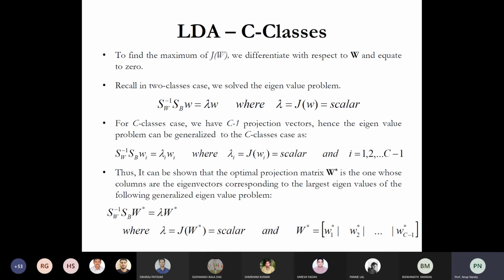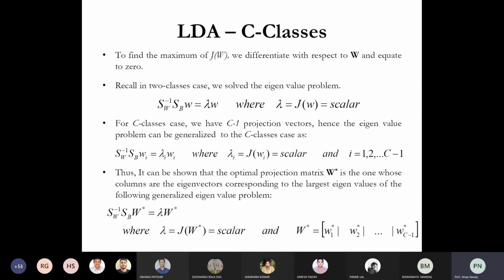To find this maximum, you follow the same process: differentiate with respect to W. Recall that for the two-class case, we have already seen SW inverse SB, which gives a scalar, but for the C-class case you have C minus 1 projection vectors. Since the eigenvalue problem can be generalized for the C class, you write SW inverse SB Wi equal to lambda i Wi.